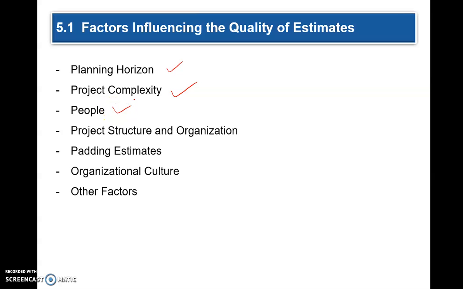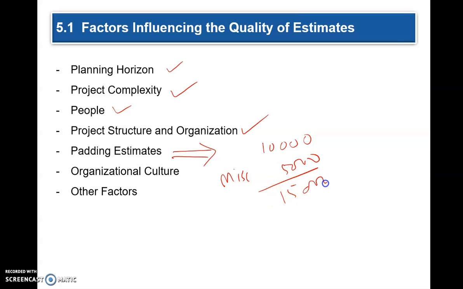It depends on the people who you are going to hire for the project. It depends upon the structure and organization of the project, and how much you want to pad estimates. If it is $10,000, you put a miscellaneous of $5,000 to get a total of $15,000.